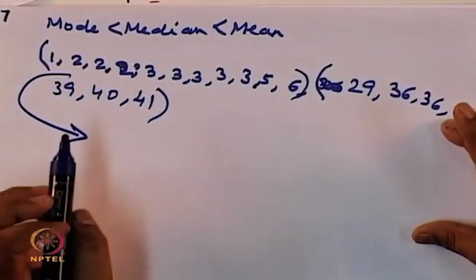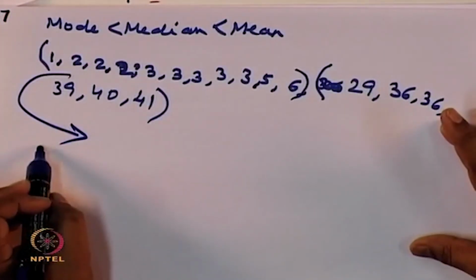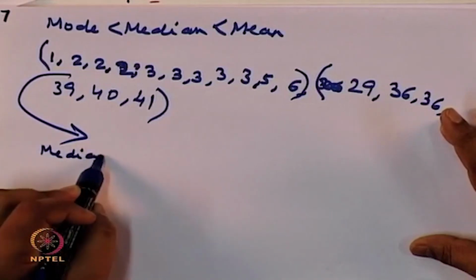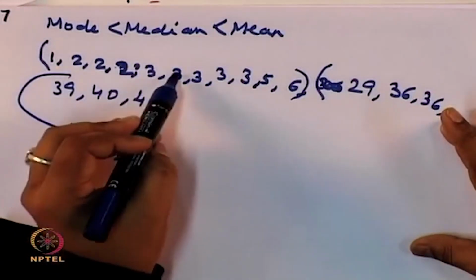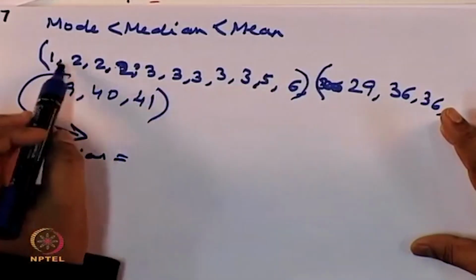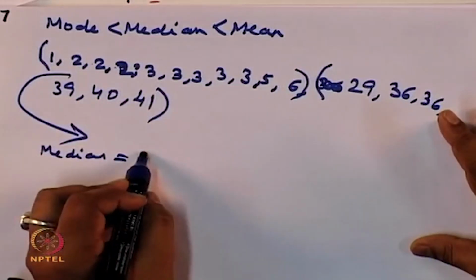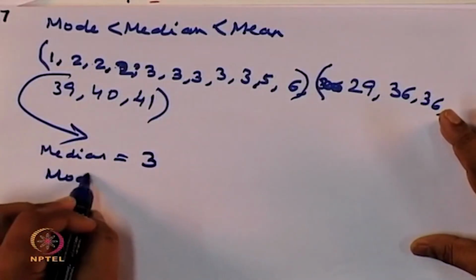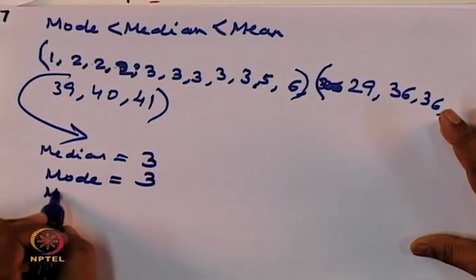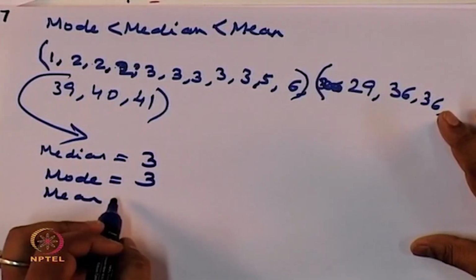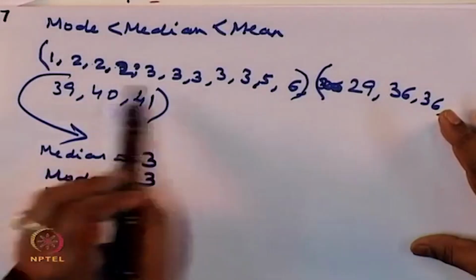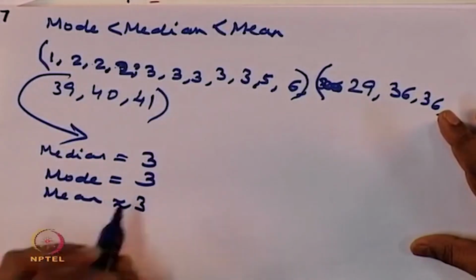In fact, if I were to group them separately, for this group I can work out my median. Median is 3, mode is 3, and mean will of course be slightly greater than 3, approximately 3 only.